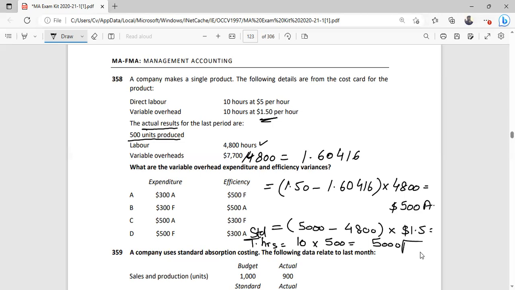So your answer is 200 into 1.5, 300. You should consume 5000 hours to complete the job, but you took 4800. It means you took less time. That's why it is favorable with $300. So we have option C as the answer. Any question?